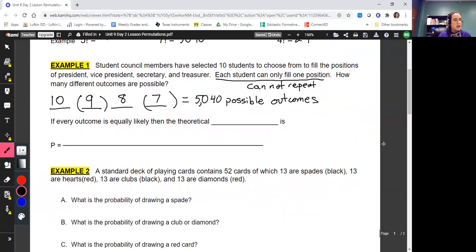Next up, we're going to look at probability. So probability is the number of outcomes in an event over the number of outcomes in your sample space.